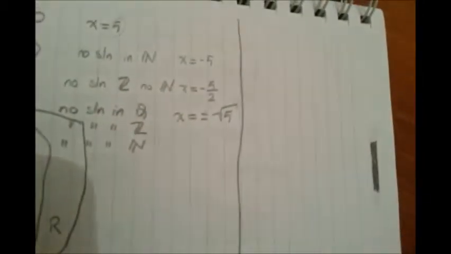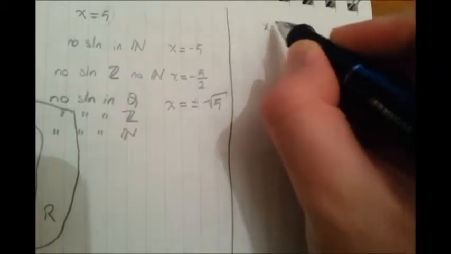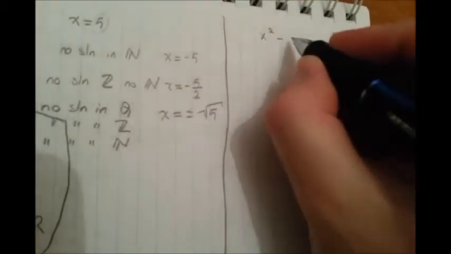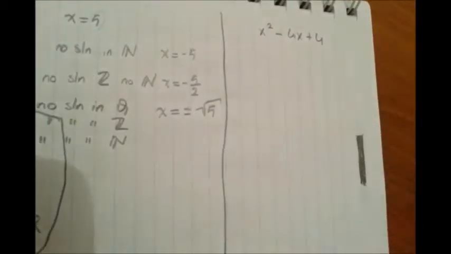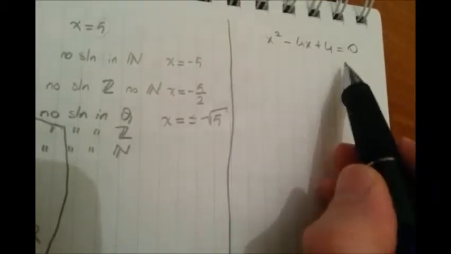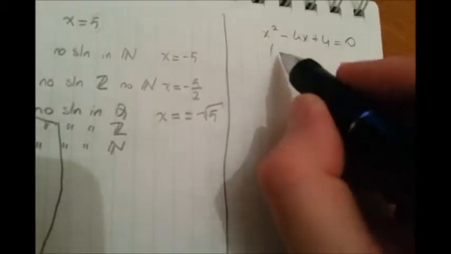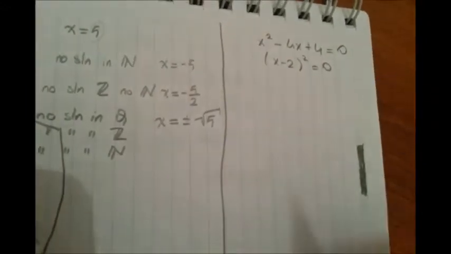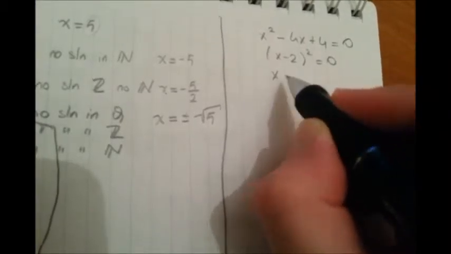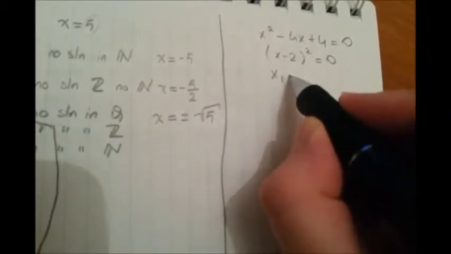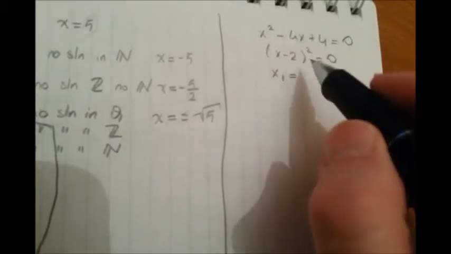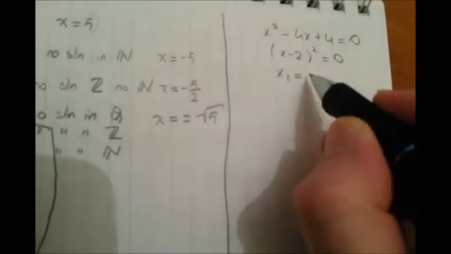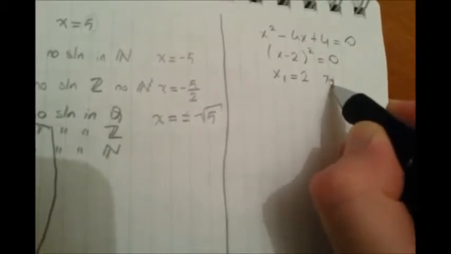Let us continue with x squared minus 4x plus 4 equals 0. This is a square of something. If we try to find the solution of this equation, it equals 2 and 2.